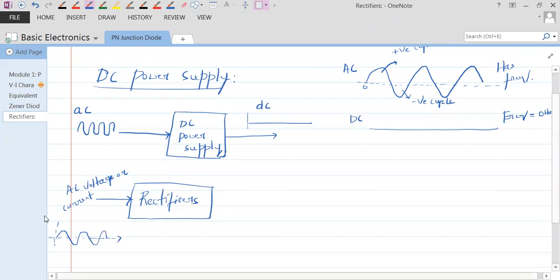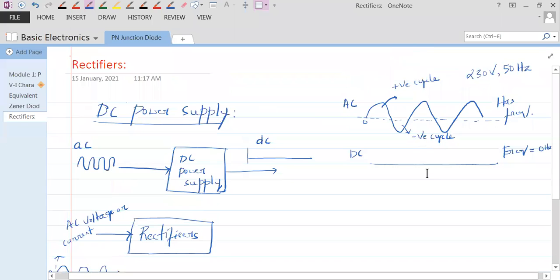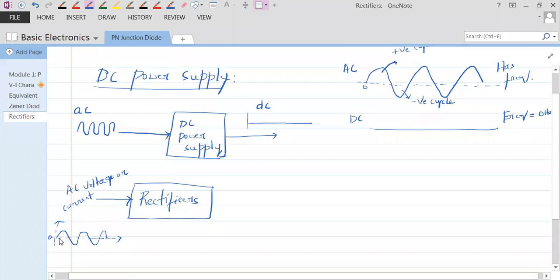Now see here, this is 0 and this AC signal has got the positive part as well as the negative part. That's why I said you have the positive cycle as well as the negative cycle. That means this 0 axis is crossed after every particular duration. Understand that point? Now everybody see here, suppose you give this as the input to the rectifier, what would the rectifier do?